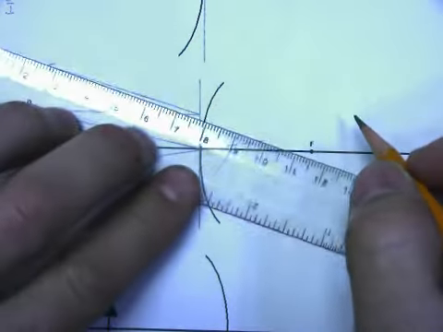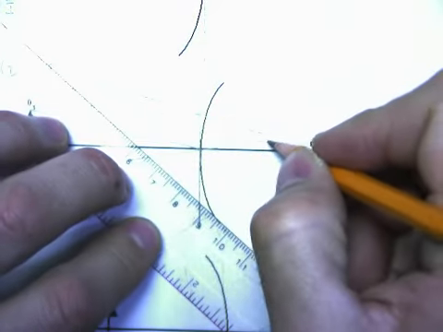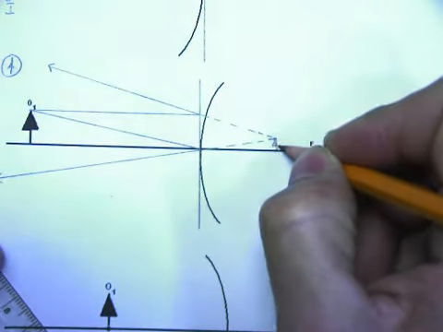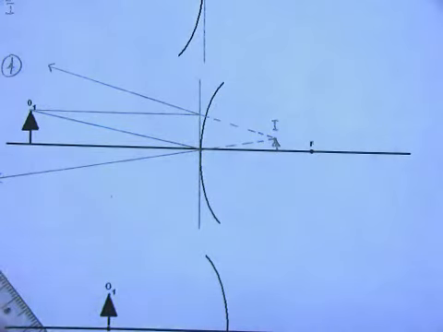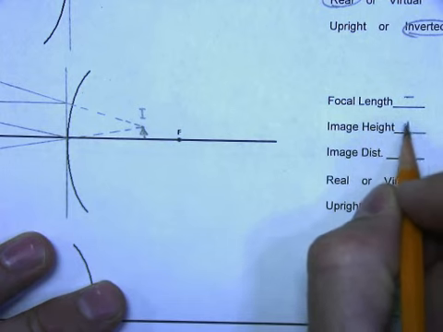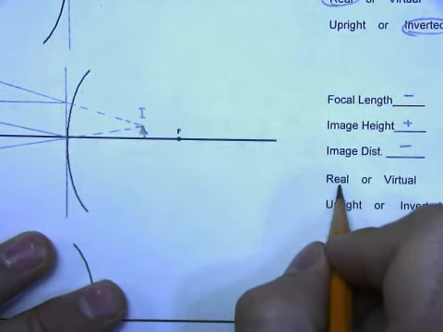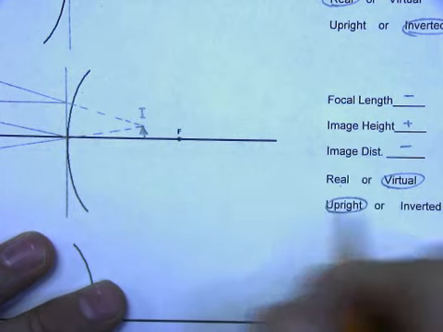So these I gotta trace them backwards. My image. So the focal length here is negative, the image height is positive, the image distance is negative because it's virtual. It is a virtual upright.